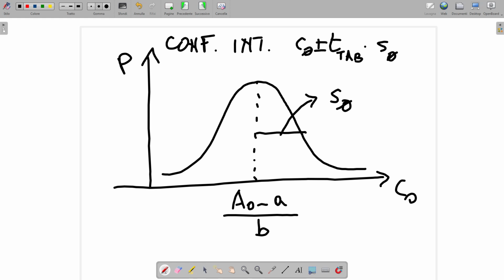I haven't written it, but in general, the confidence interval is obtained by taking the central value, in this case (A0 minus A) divided by B, plus or minus the t tabulated of the problem multiplied by the standard deviation of this parameter. So I have forgotten it, sorry. Okay?